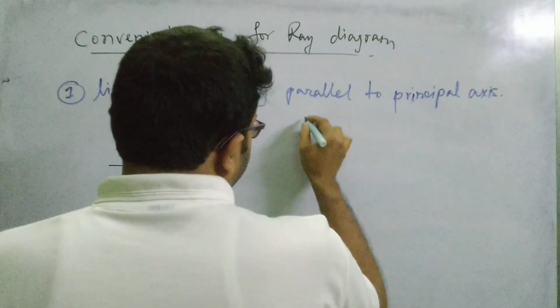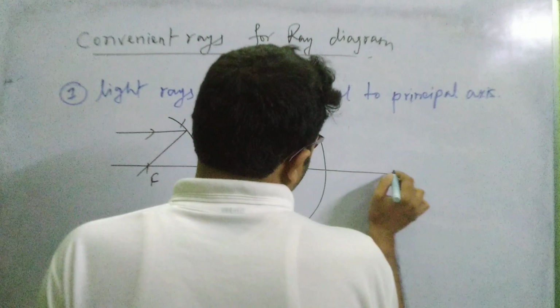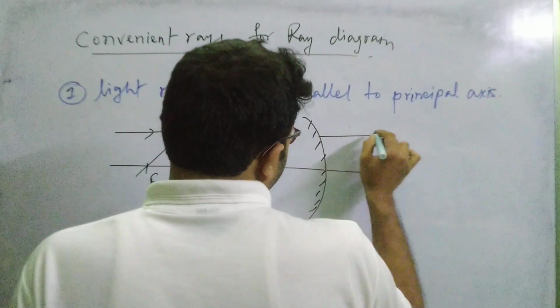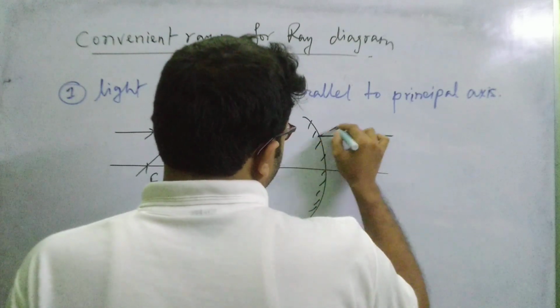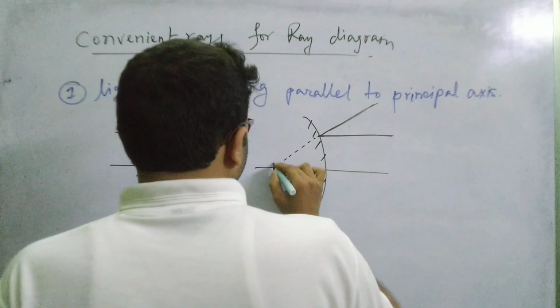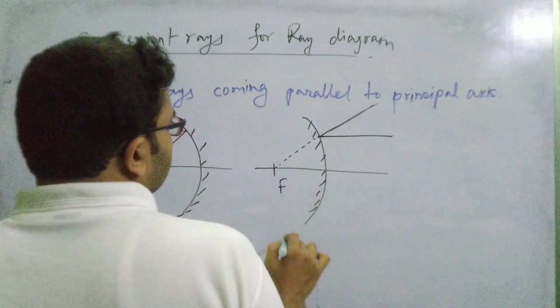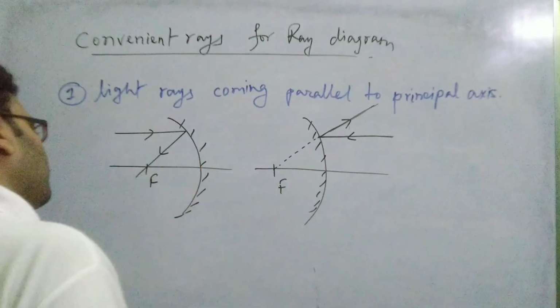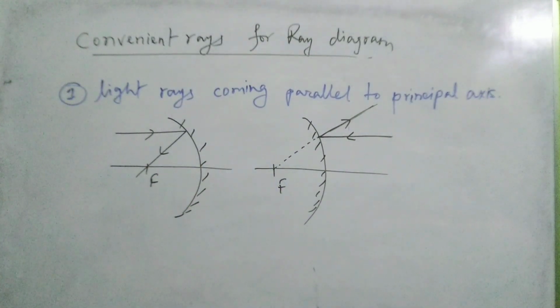For a convex mirror, the light ray will not actually pass through the focus, rather the reflected ray will appear to be coming from the focus, or if the reflected ray is traced back, it definitely passes through the focus. So this is the first convenient ray that you can consider for drawing the ray diagram.